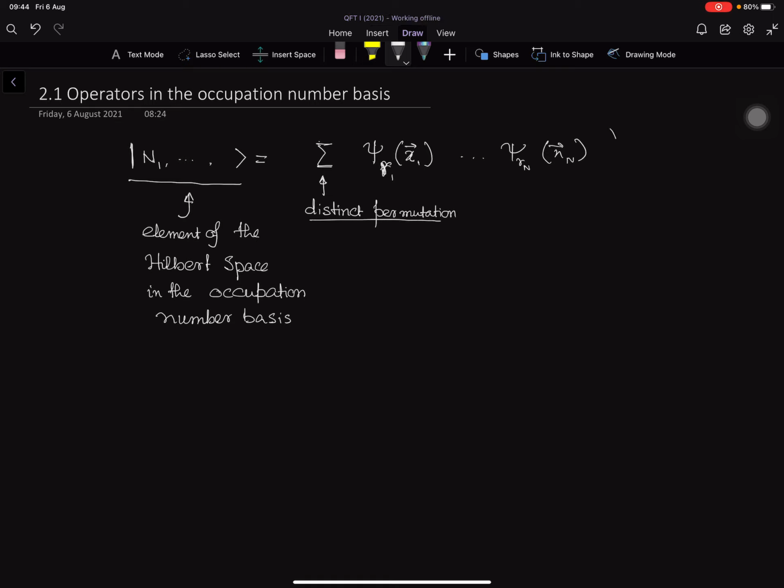Then there is a normalization factor, n1 factorial times n2 factorial and so on. The inverse of this is the number of distinct permutations, so that's why we multiply it, to make it orthonormalized.